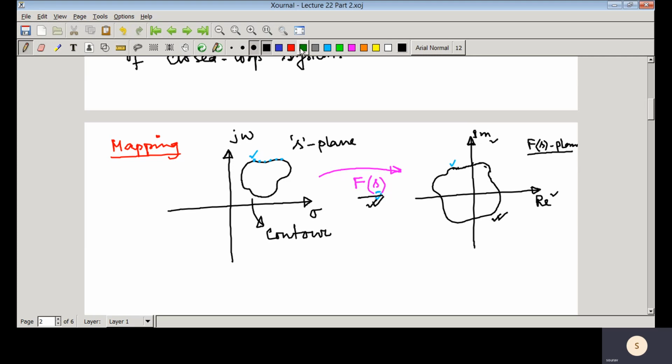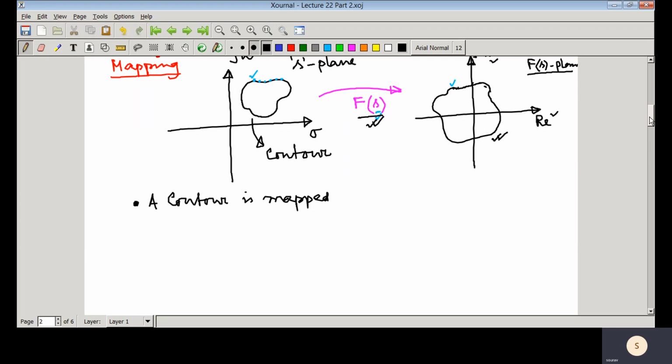So here we have seen two things. One is that a contour is mapped through a function, F(s), to another contour in the F(s) plane. This result is from complex analysis.